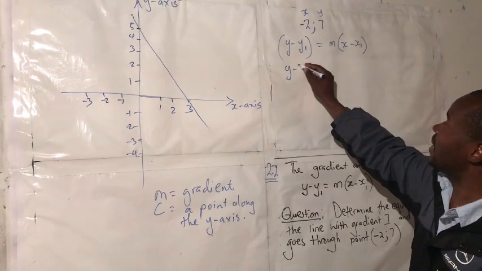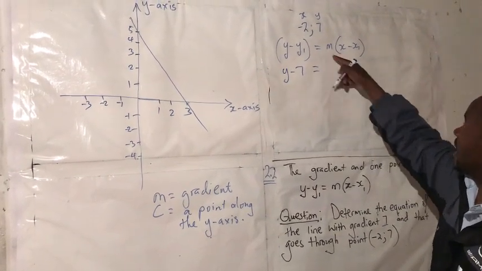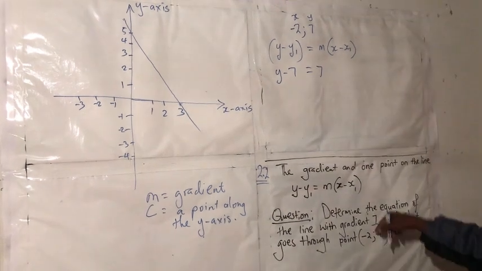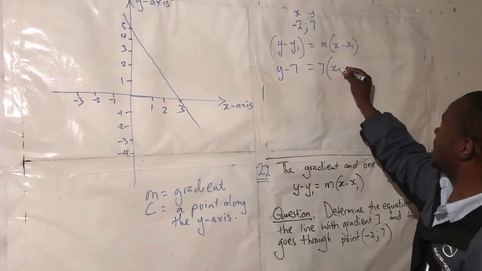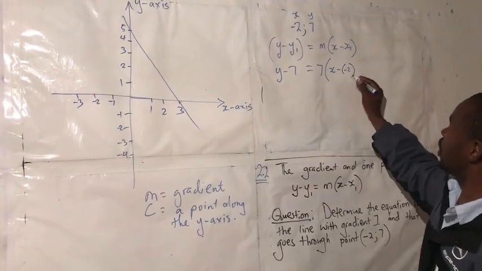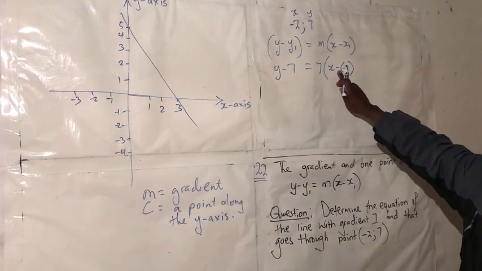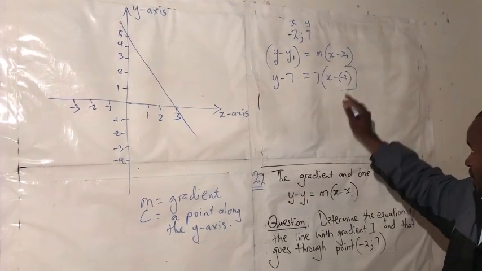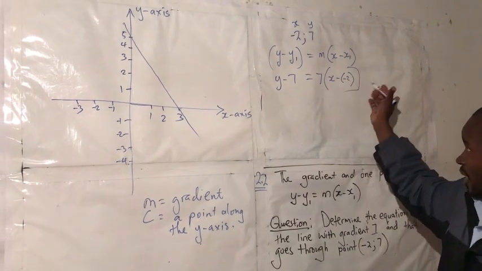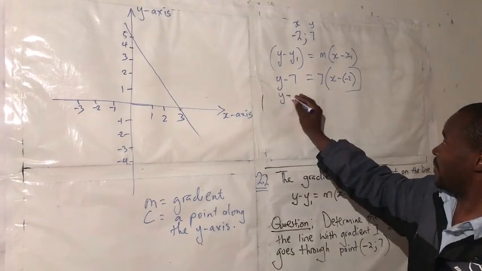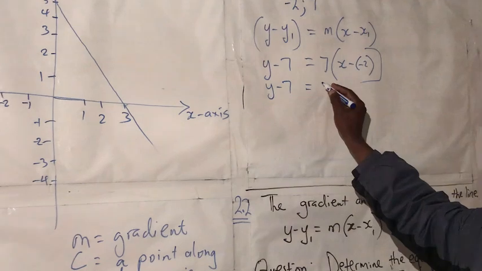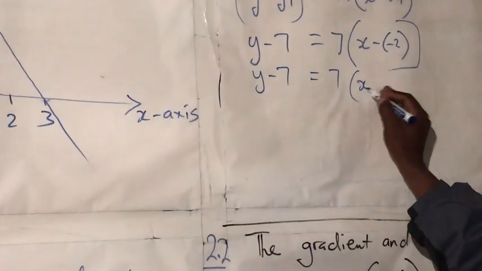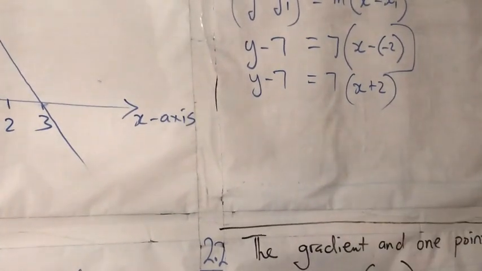So y minus 7 is equal to the gradient 7, which we are already given here, open x minus -2. Then in this case, when we are given brackets like this, we have to multiply to clear the bracket, isn't it? Minus minus, you get a positive. Y minus 7 is equal to 7, open x plus 2, close.